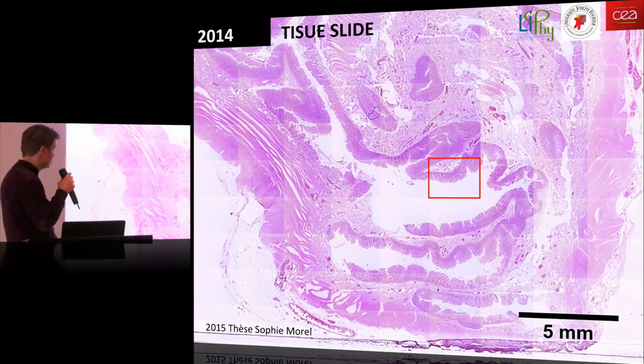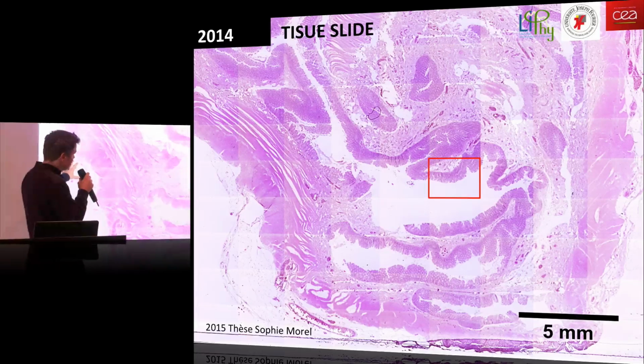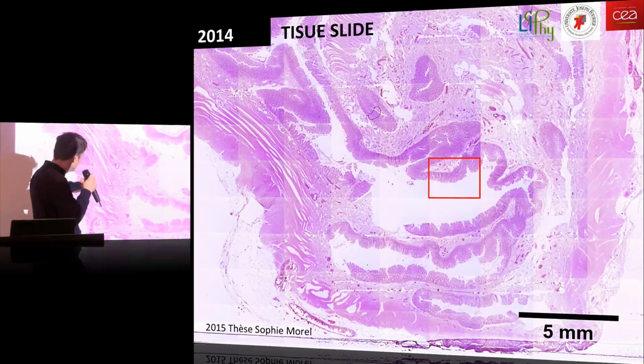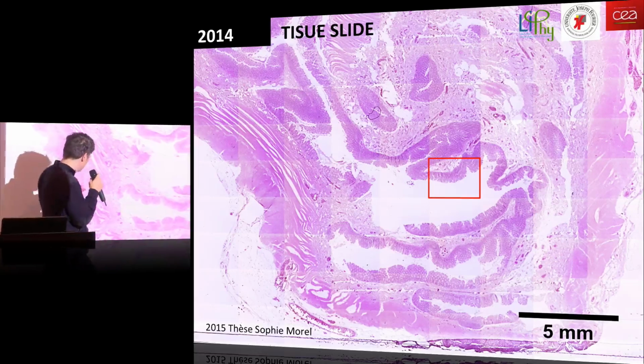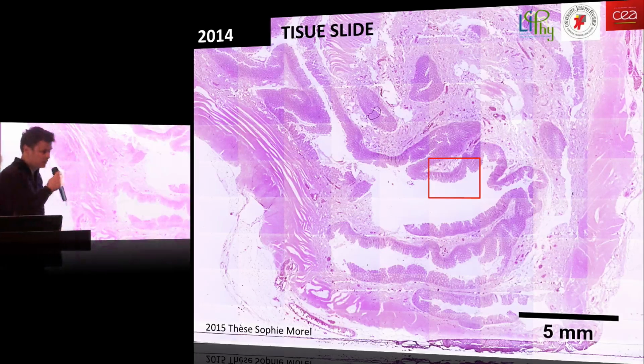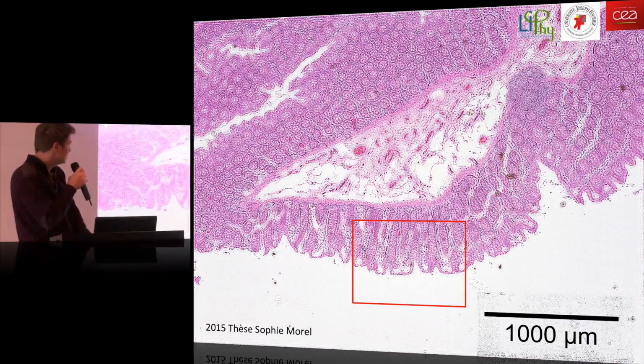And then we get the color in addition. So this is a tissue slide of the intestine. And we take a snapshot with a single image, 4 millimeter by 3 millimeter. And then, of course, we have to make a mosaic of many pictures. We can zoom in.